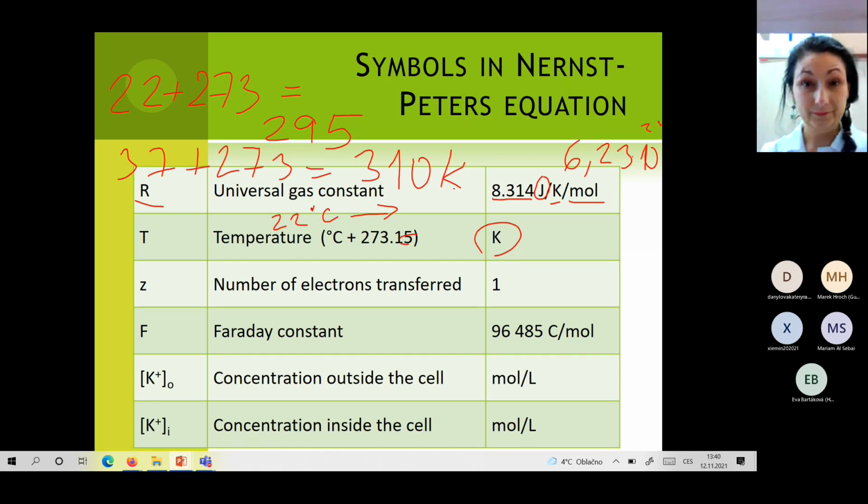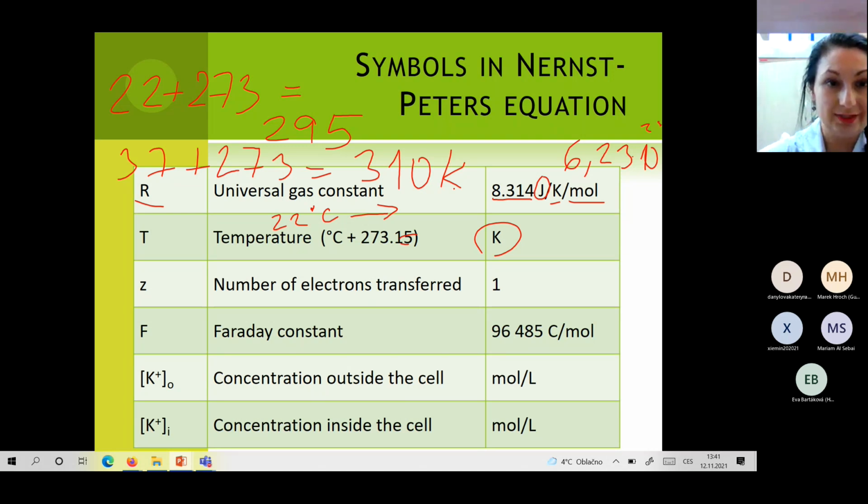So that's clear. So if I tell you that you will use a scale of absolute temperature and you are going to calculate this physiological temperature, you will know that it's 310 kelvins.